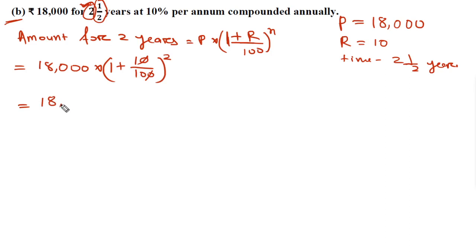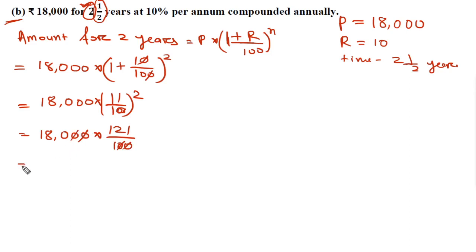So 18,000 into 11 by 10 to the power 2. So it will be equal to 18,000 into 11 square is 121 divided by 100. So you can cancel 2 zeros here. Now it will be equal to 180 into 121. So it will be 21780. So this is the amount for 2 years.